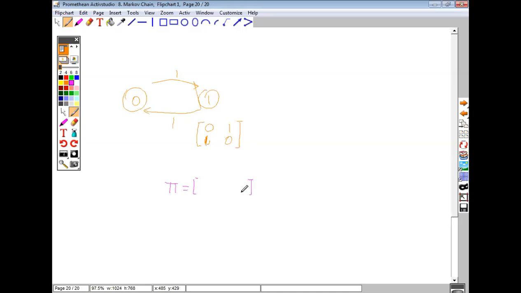Another interpretation of stationary distribution is that if I have pi 0 here and pi 1 here, I expect pi 0 proportion of time to be in state 0, and I expect this much proportion of time to be at state 1. So from observing this process, without solving for a stationary distribution, can you guess what your pi will be?